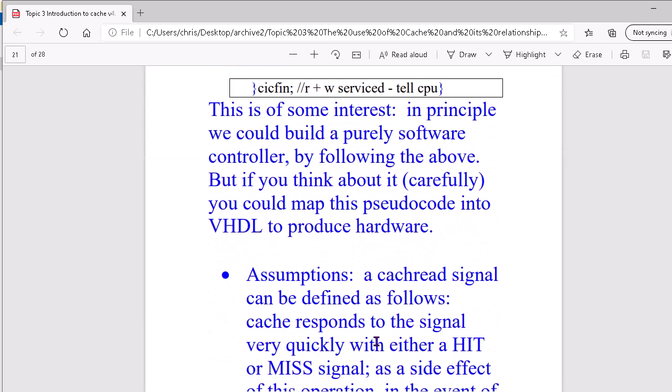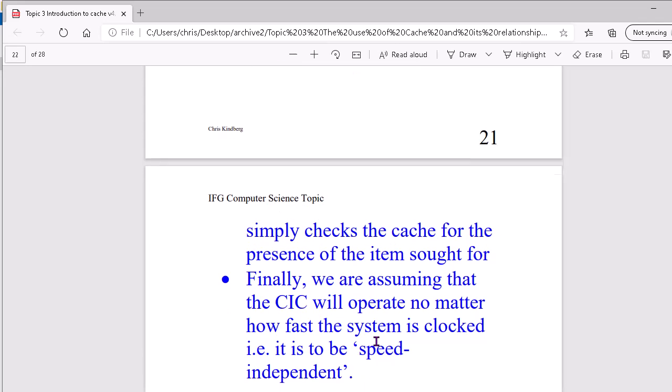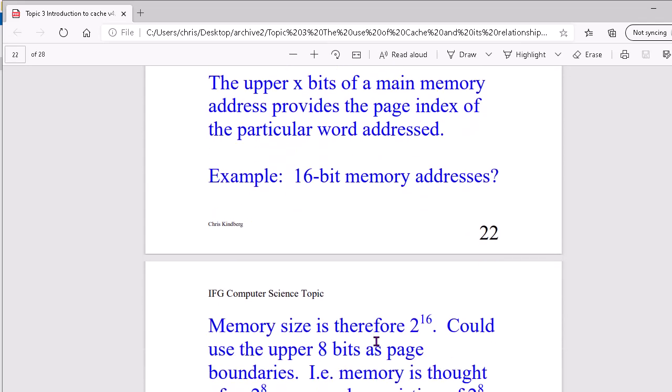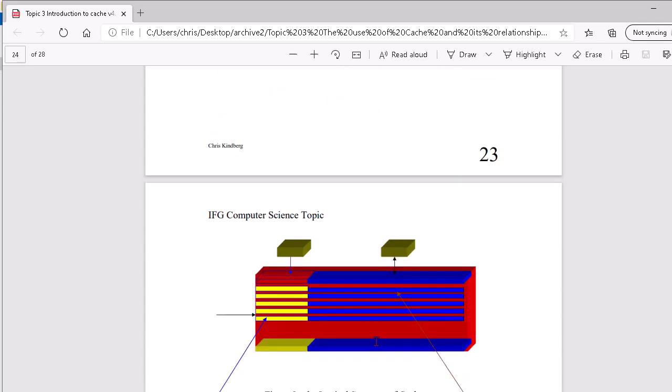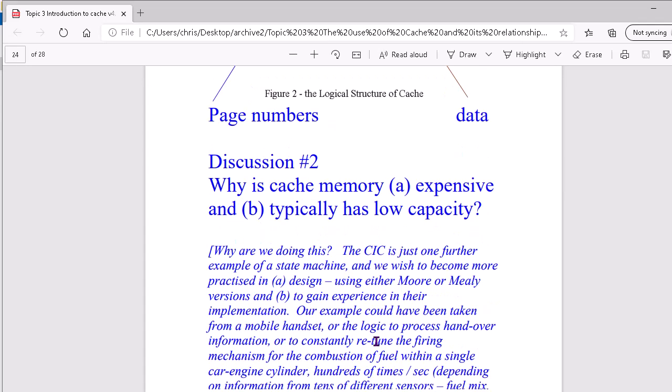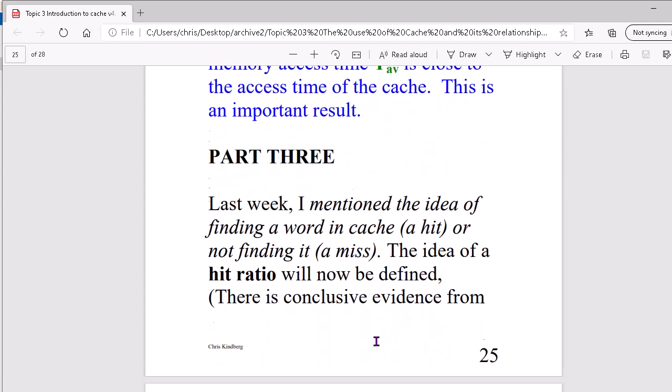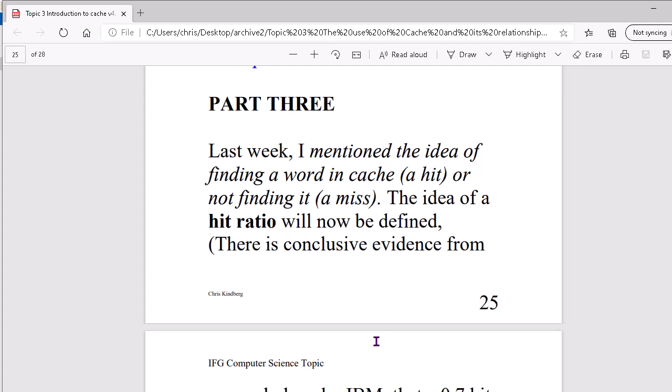So we're looking for part 3, where I'm actually going to prove to you that there's some advantage in using cache. About half an hour ago, I mentioned the idea of finding a word in cache, a hit, or not finding it, a miss.